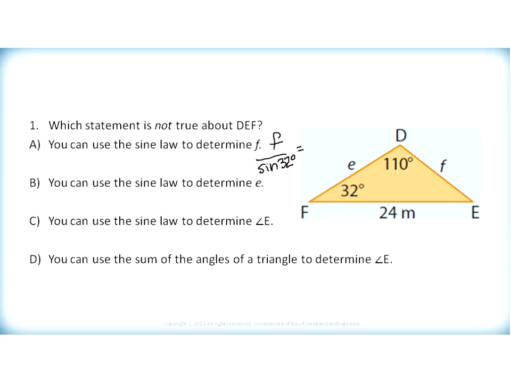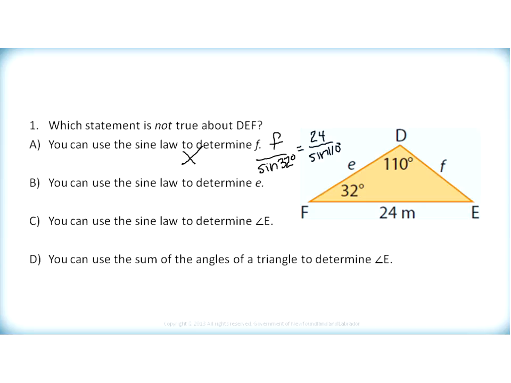So little d is 24 over its opposite side, which is sine 110 degrees. So in this example, I have three parts of the four, I should say. So I can find the fourth if I know the other three parts. So this is definitely true, so it doesn't work for the question.